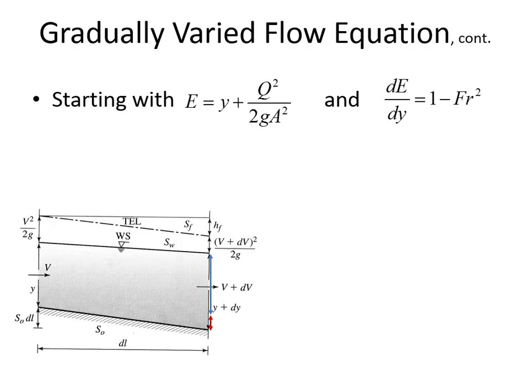And if we start with the definition of specific energy, as we've been using in the past, we say that it's the depth of flow plus the velocity head. So this term is the velocity head term.